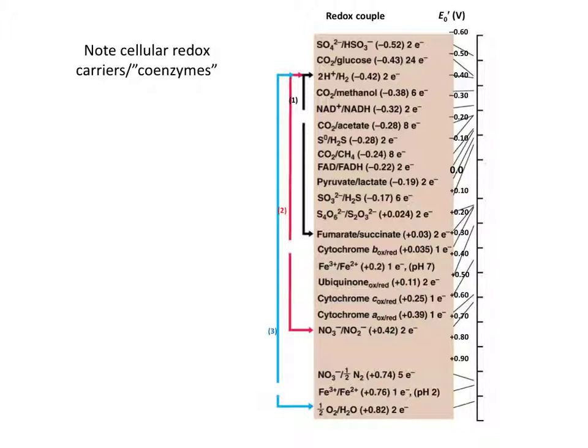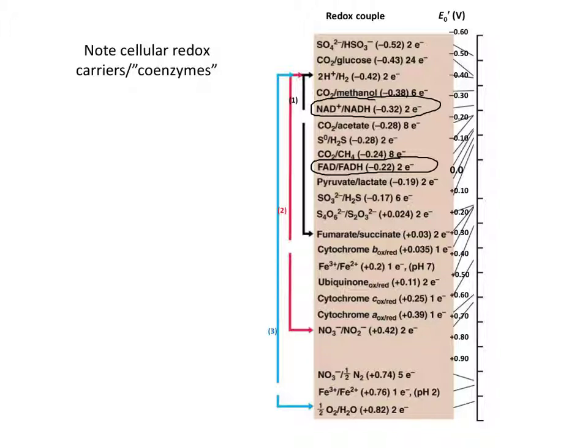Two of the common and really important coenzymes that you've probably already learned about are shown here in this redox couple: nicotinamide adenine dinucleotide and flavin adenine dinucleotide. You'll notice that their positions are somewhat intermediary in the redox tower.